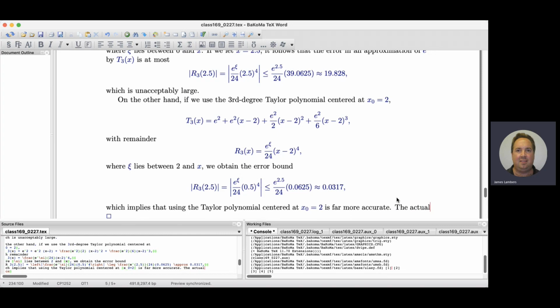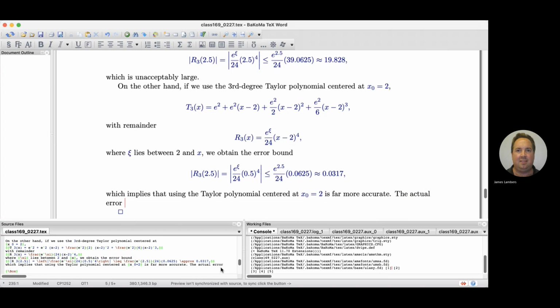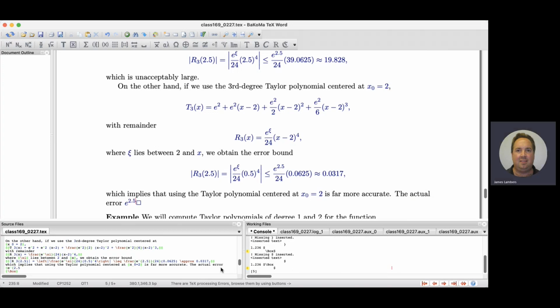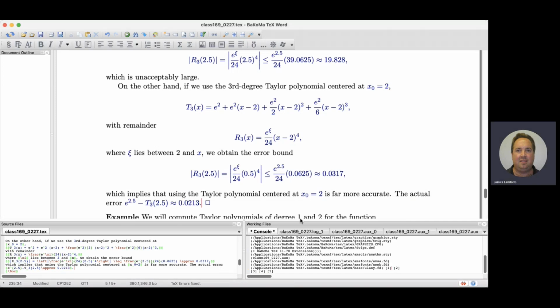The actual error, e to the 2.5 minus T3 evaluated at 2.5, is roughly 0.0213. All right, so at least this error estimate was in the ballpark. So it turned out to be only about 2% error.